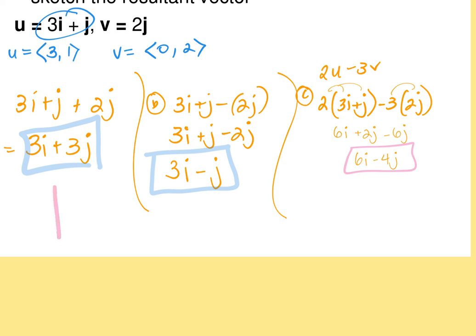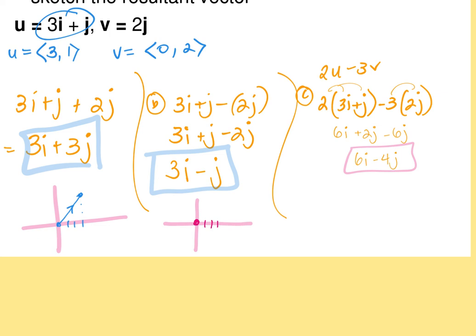Now, if I wanted to graph these for 3i plus 3j, what's my change in x? 3. What's my change in y? 3. For 3i minus j, what's my change in x? 3.